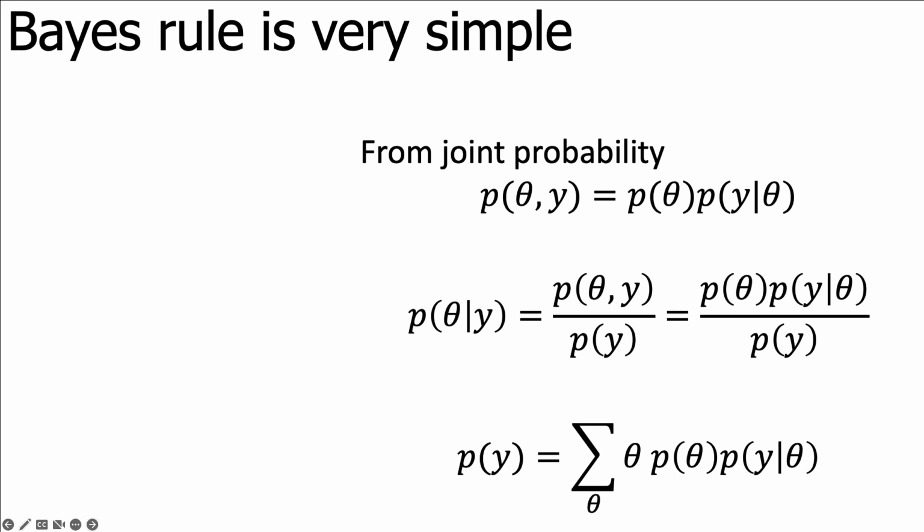And what is the probability of y? The probability of y is the total probability of y for all possible values of theta.